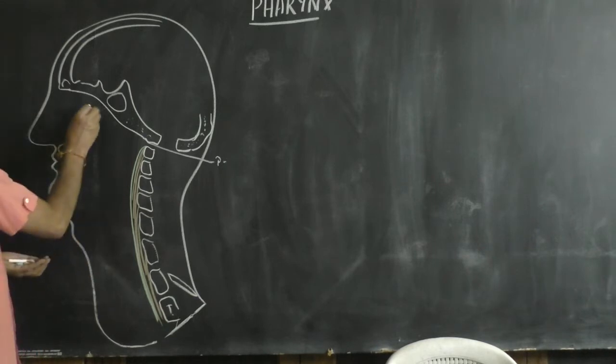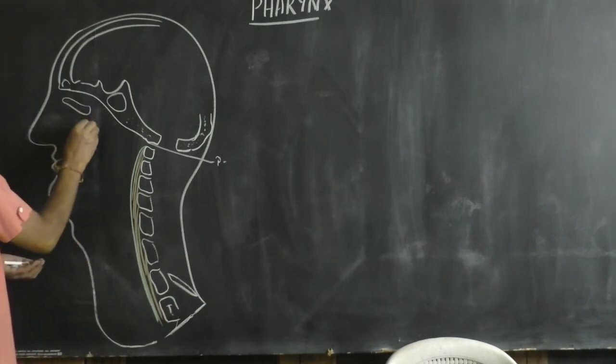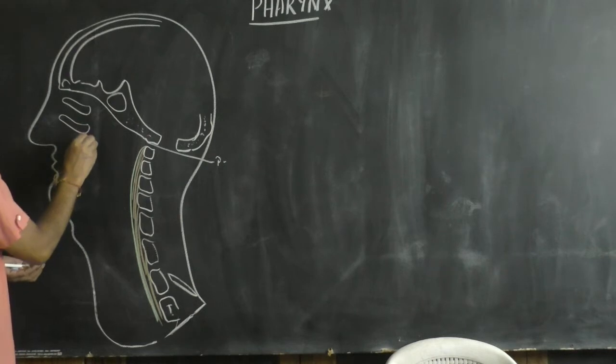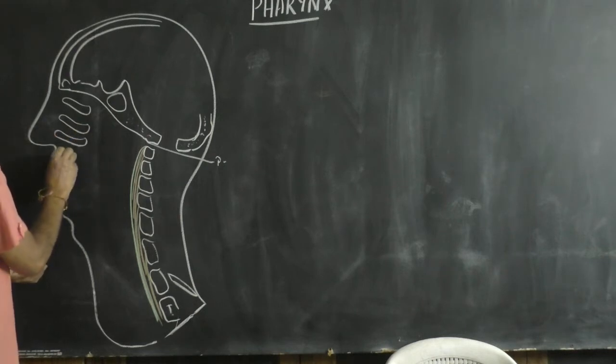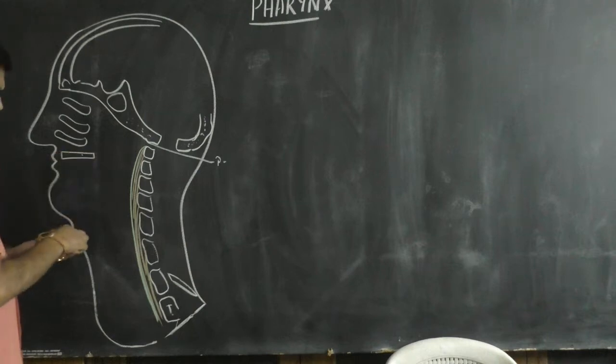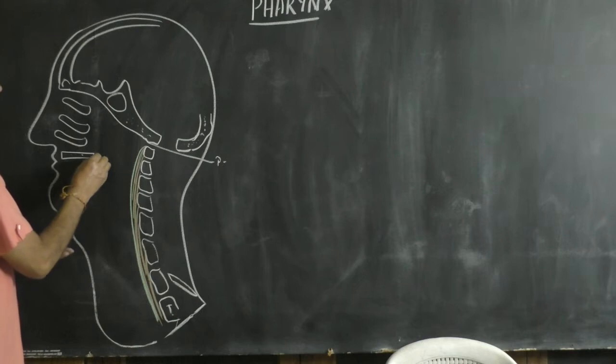Anteriorly there is the nasal cavity, with the lateral wall and the concha of the nasal cavity. This is the hard palate, and behind the hard palate hangs the soft palate, that is the uvula.